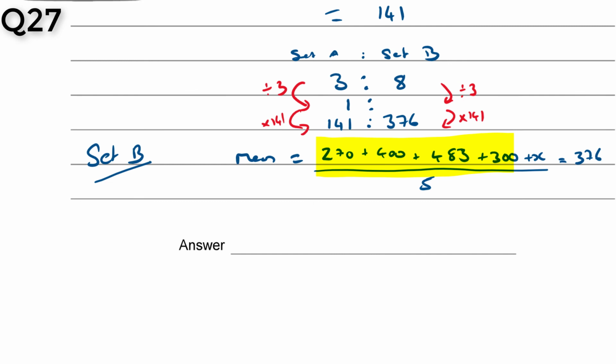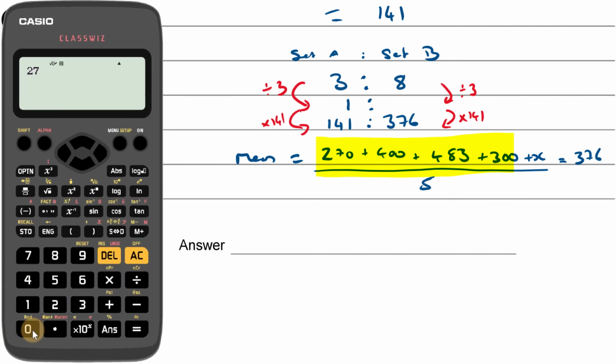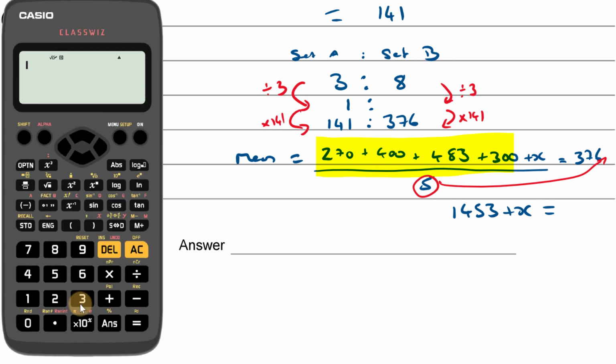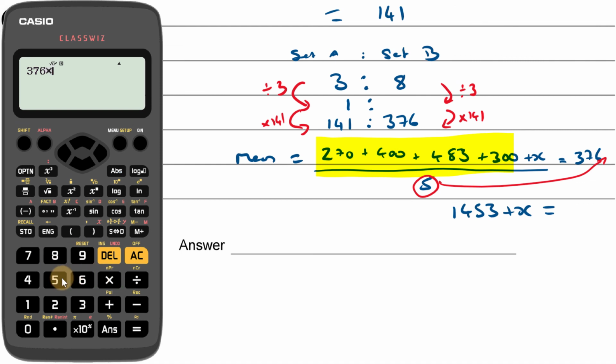Okay? So what I'm going to do here is add up the numbers on the top to collect like terms together. So 270 plus 400 plus 483 plus 300. That comes to 1,453. So the top of my quotient there comes out to be 1453 plus x, is equal to, I'm going to take this 5 that was dividing down here and cross multiply up there. So I'm going to times both sides by 5 basically. So what's 376 times 5?